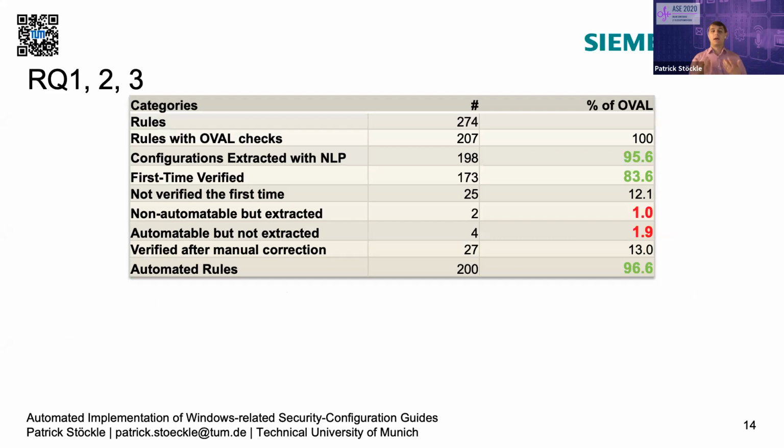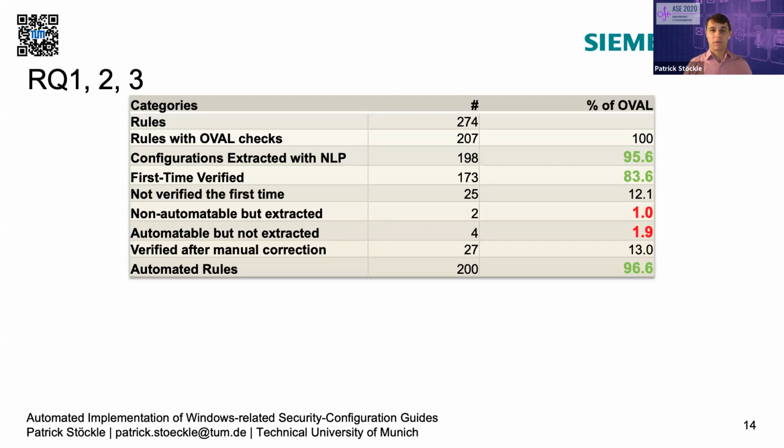So when it comes to the first 3 research questions, we took a DISA guide. This DISA guide is for Windows Server 2016, has 274 rules, but only 207 of them actually have an automated check, because some rules you really cannot automatically implement or check.